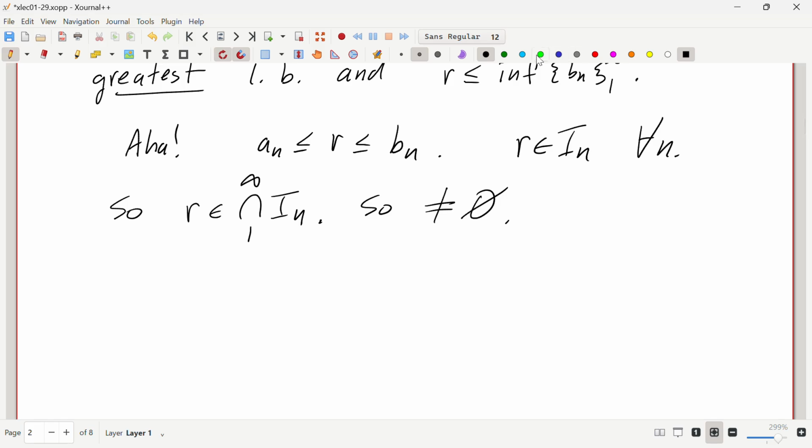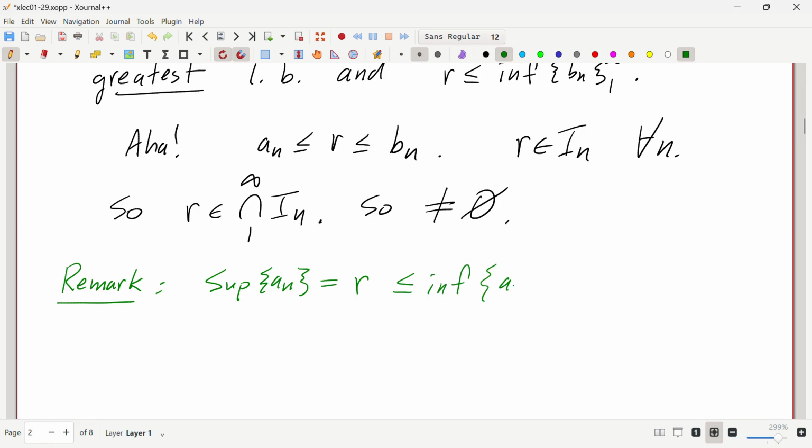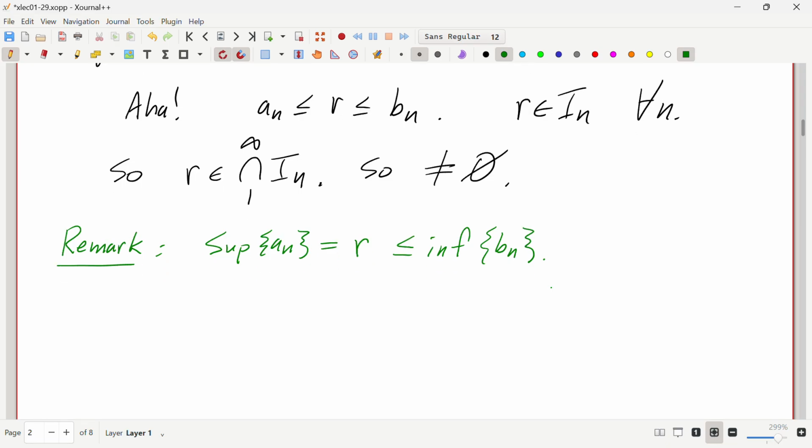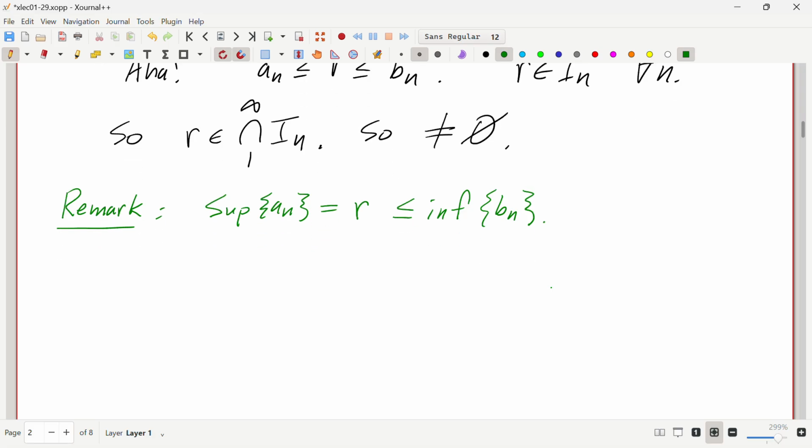Here's a remark. What I showed you here is that the supremum of the an's, that's equal to R, is less than or equal to the infimum of the bn's. It's possible that those intervals get stuck at some point and they don't shrink anymore. That's possible and allowed.